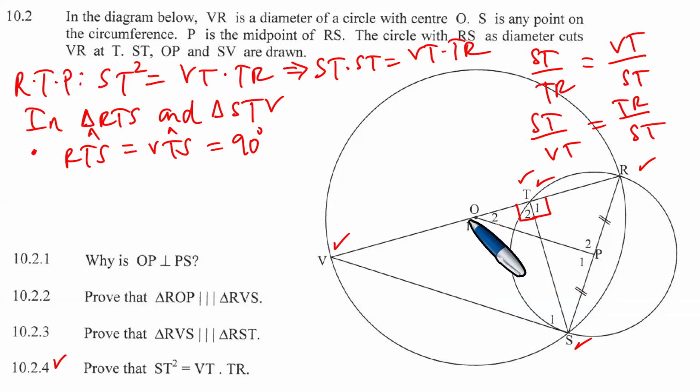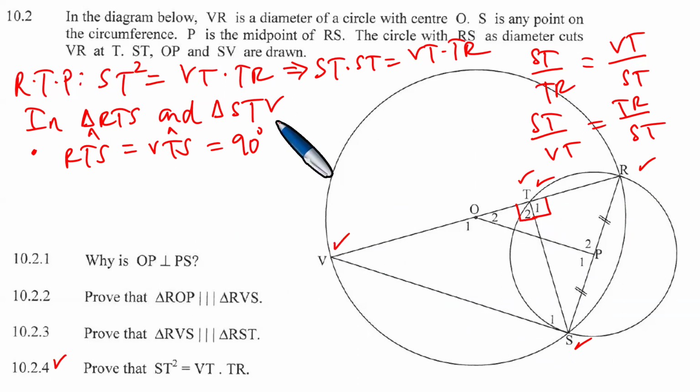Right, so you have the angle RTS, which is equal to the angle VTS, which is equal to 90 degrees. So you're able to see that this is true. Why is this true? Because obviously, you already know that this is 90 degrees and that is 90 degrees.